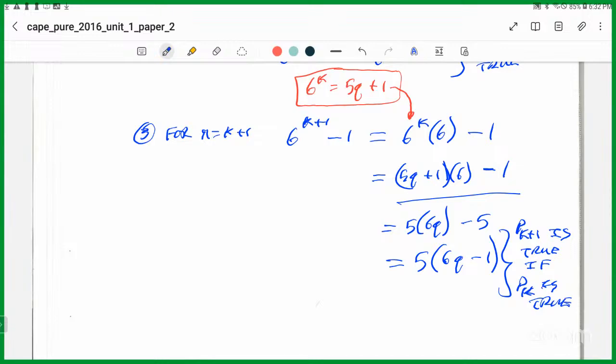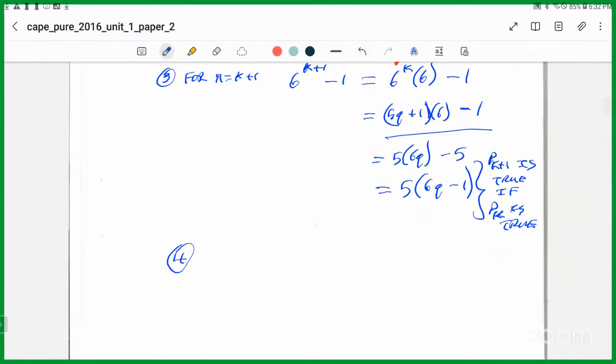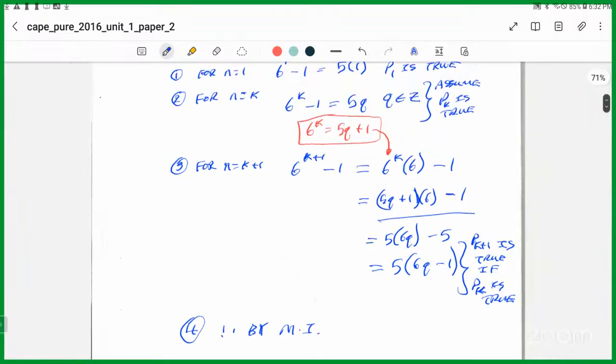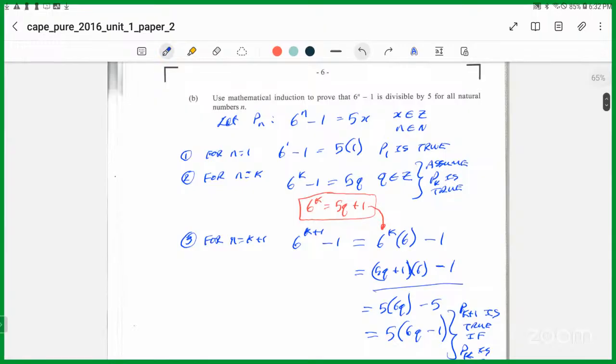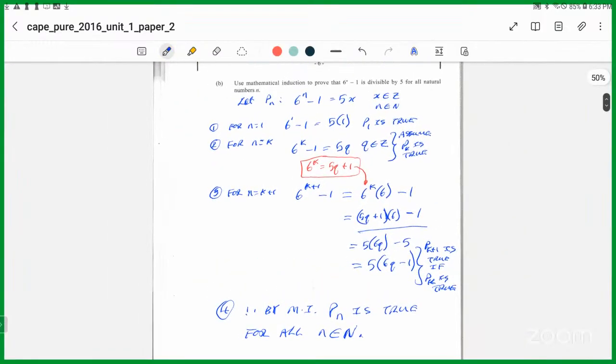And because you have shown this, you can draw the conclusion on step 4 that therefore by mathematical induction, the original statement up here that we call P(n) is true for all n which are natural numbers, and that's your proof. Quick and fast, nice and easy.